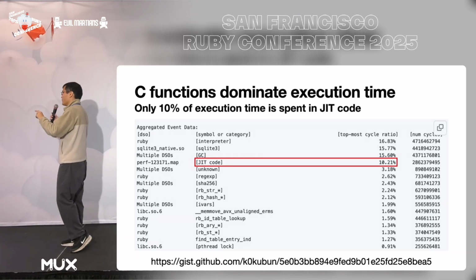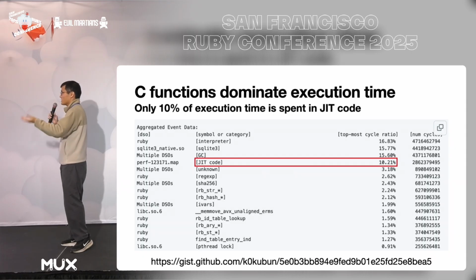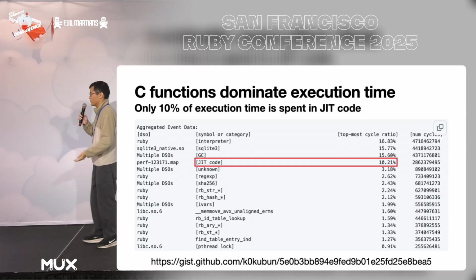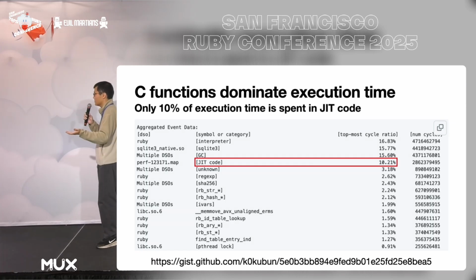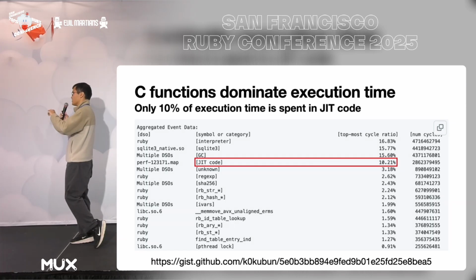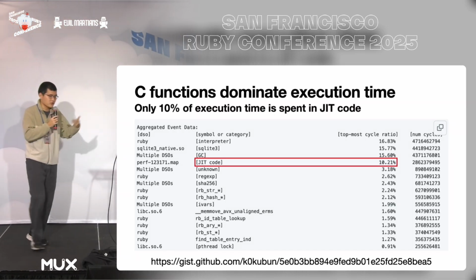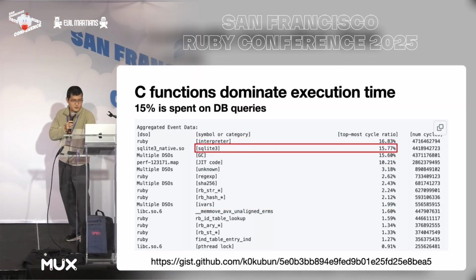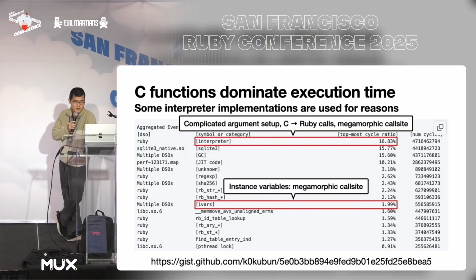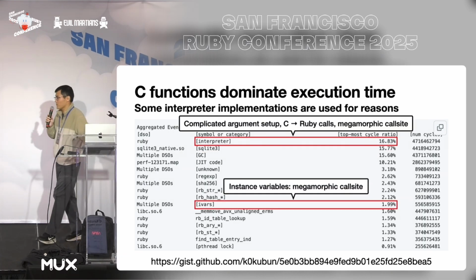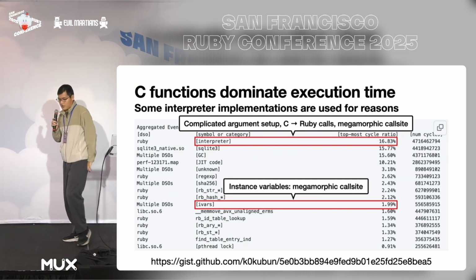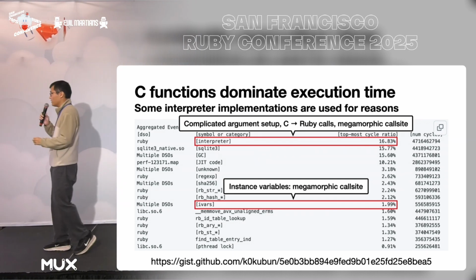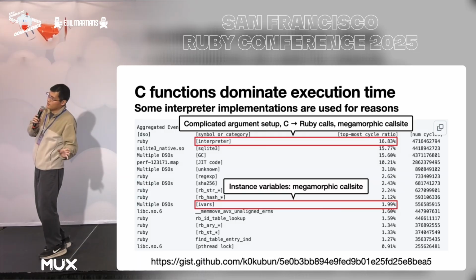So even if you speed up the JIT code to be twice as fast, it shouldn't have a 200% impact, because before the optimization, it's already just 10% of the whole execution time. Some time is obviously spent on the DB queries, but we also have these interpreter-related C function calls, and this mostly happens when you have C to Ruby calls.